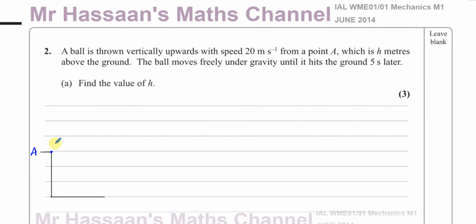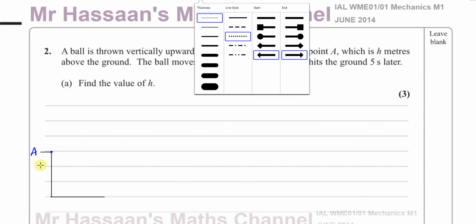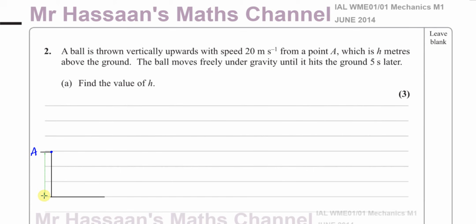Now, the object is thrown, and the point A is a certain distance above the ground. For the purposes of this question, let's just call this distance X for now. We've called it h here, but I'm going to explain why I called it X as I go through the question.